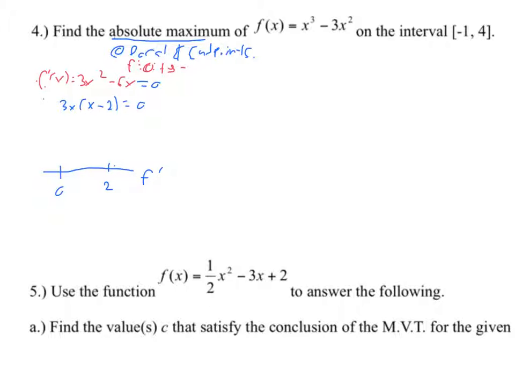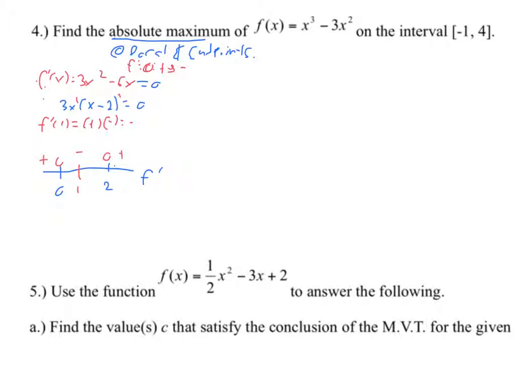We now need to test a value. Let's test 1. When I test 1, f prime of 1 is equal to 3 times 1, which is positive, times 1 minus 2, which is negative, so we have a negative. This exponent is odd, so on the left side of 0 there's going to be a sign change. On the right side of 2 there's going to be a sign change.